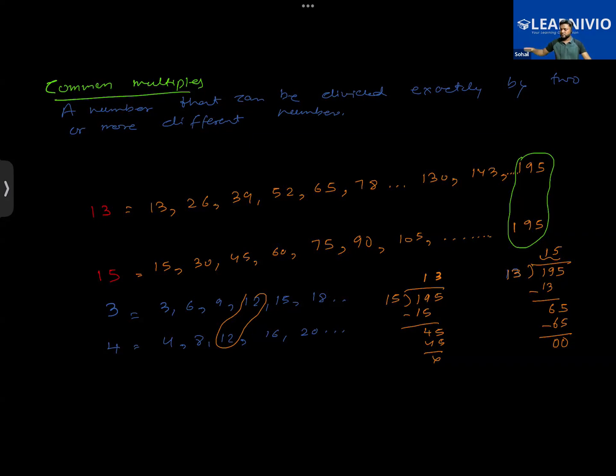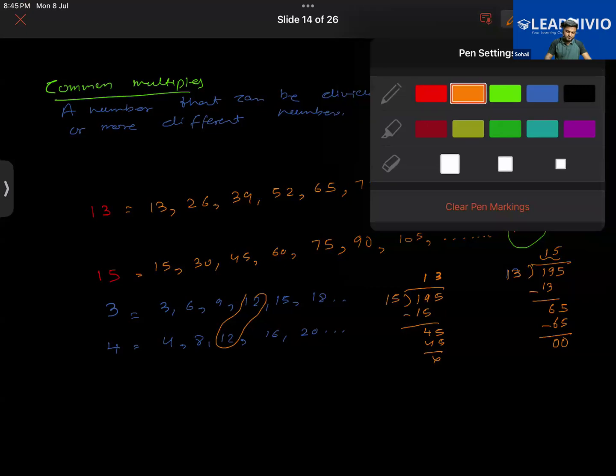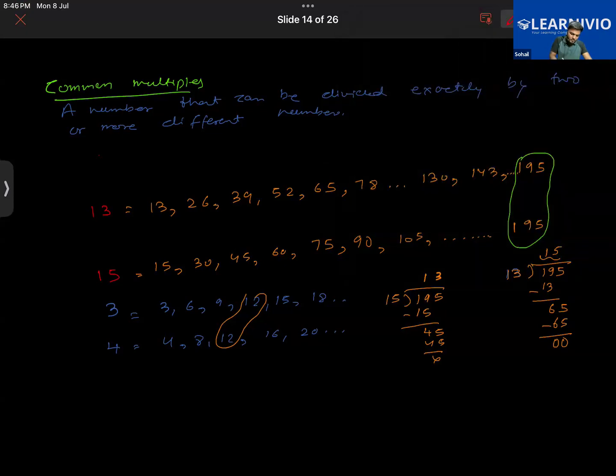Think of it. What about 5? Yes. And what about 3? Guys, do tell me, will it be a common multiple of 5 or 3 or not? It will be, no?